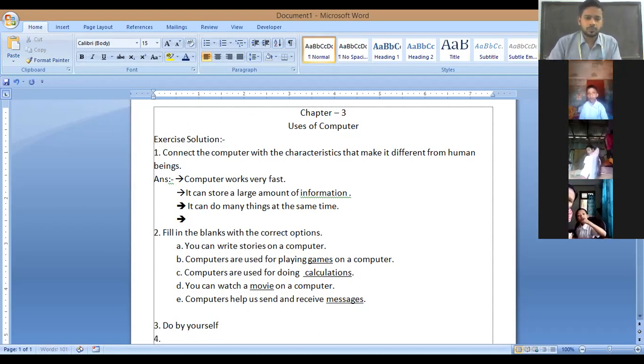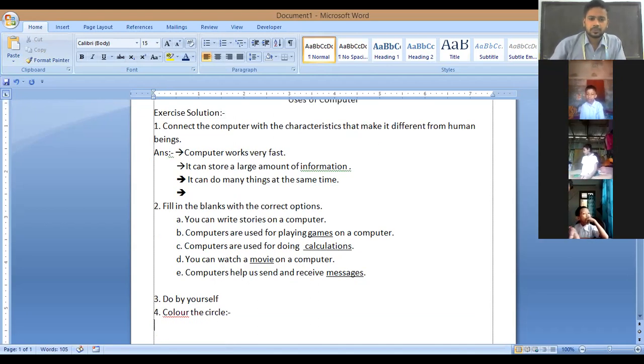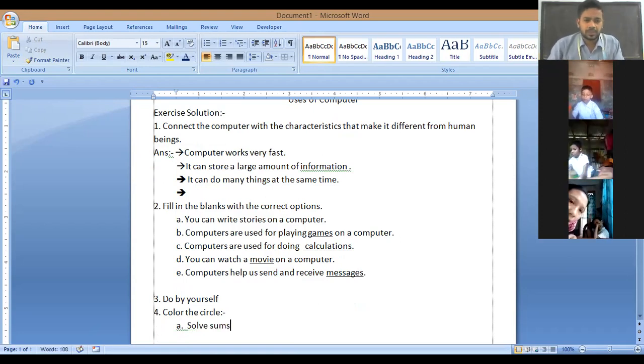Number 4 is: color the circle. Now the first one, A, is solve sums.